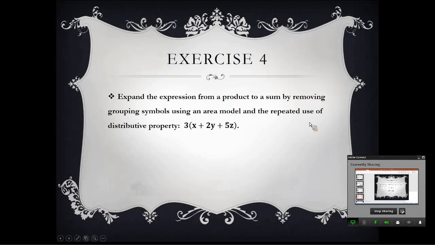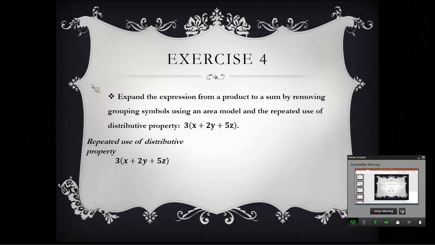Let's look at exercise 4. We want to expand the expression from a product to a sum by removing grouping symbols using an area model and the repeated use of the distributive property. So let's take a look. So the repeated use of the distributive property. First, we'd write out the problem we have.